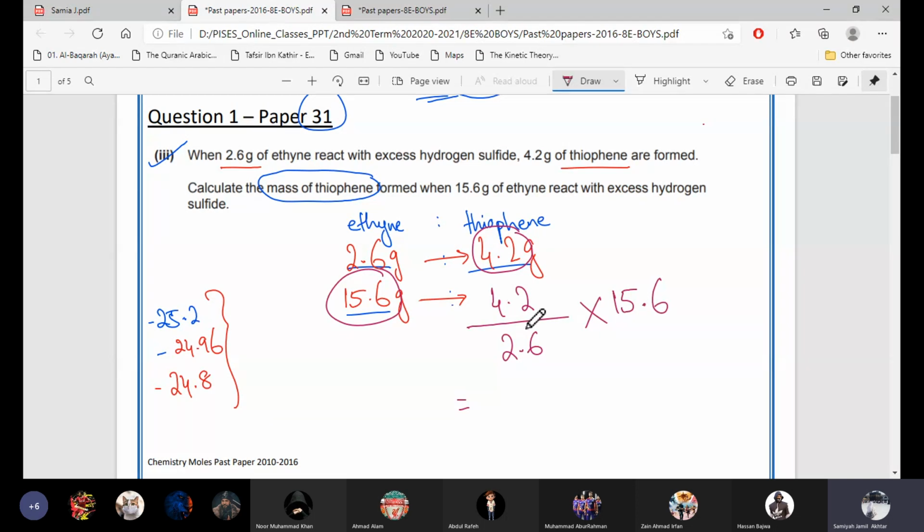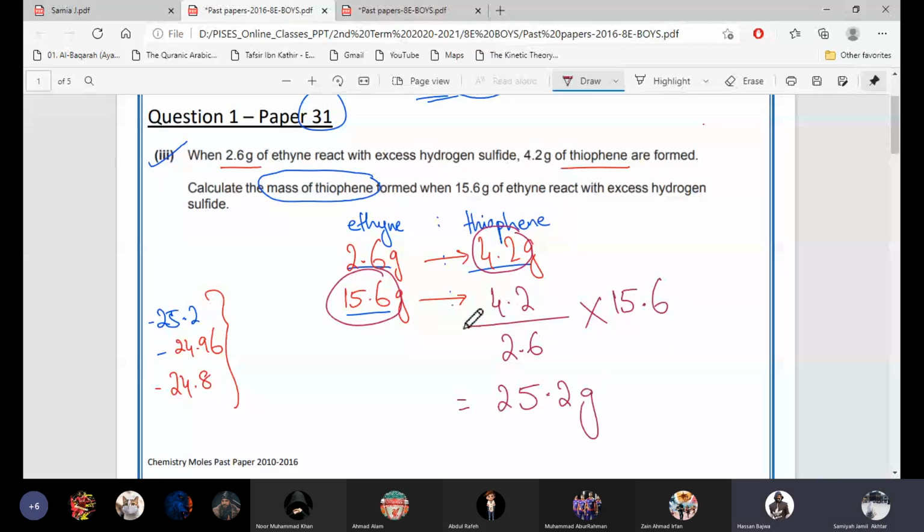What's the answer? 2.6 multiplied by 15.6 is 24.96, and 4.2 divided by that... This is what I am getting: 25.2.